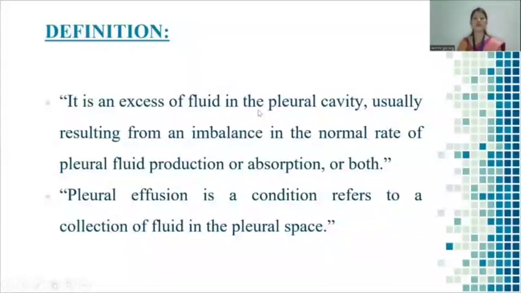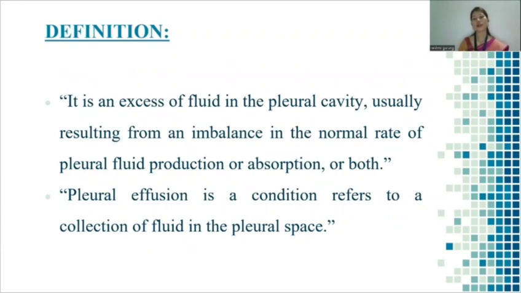The definition of pleural effusion says that it is an excess amount of fluid in the pleural cavity which results from an imbalance in the normal rate of pleural fluid production or absorption, or it can be both. What we understand from this definition is that we have our pleural cavity in the lungs, and in the pleural cavity there is a pleural space which contains fluid.